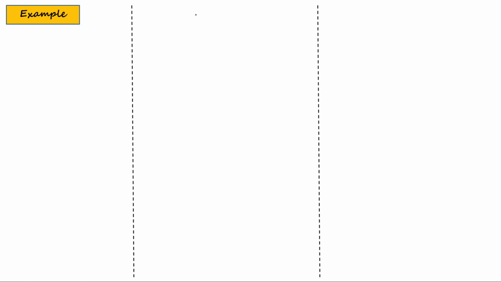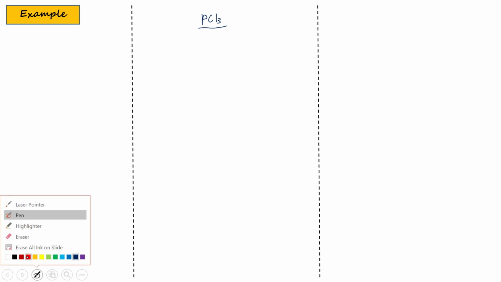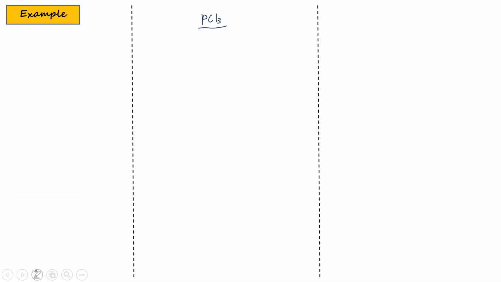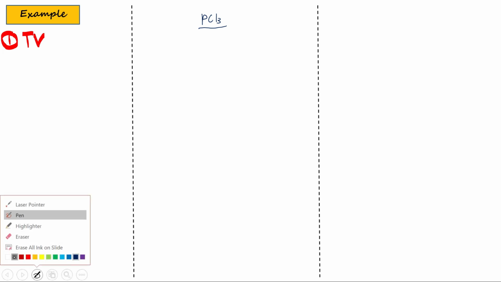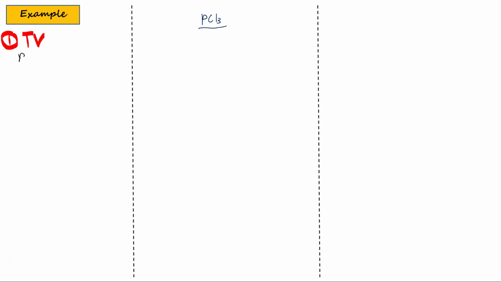If you were given, for example, PCl3, the very first step you need to do is TV, calculate the total valence electron. Phosphorus is the element in group 15, so it consists of 5 valence electrons.